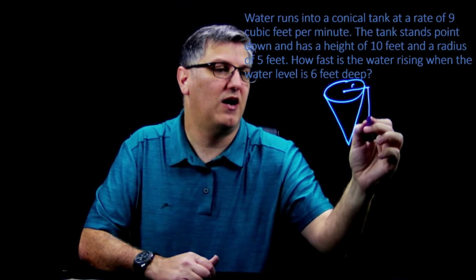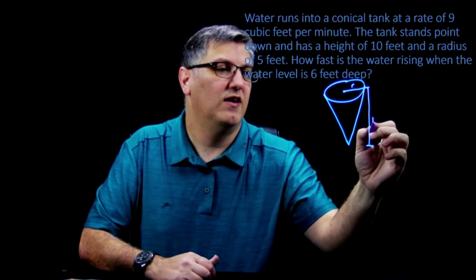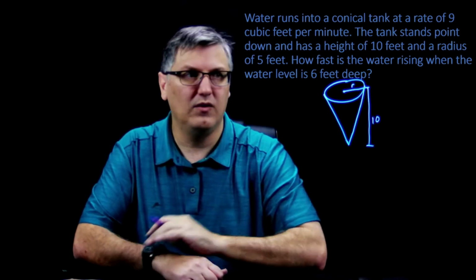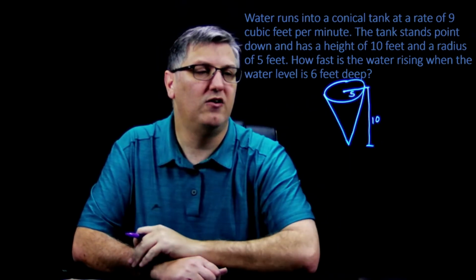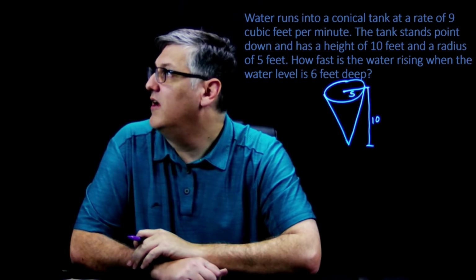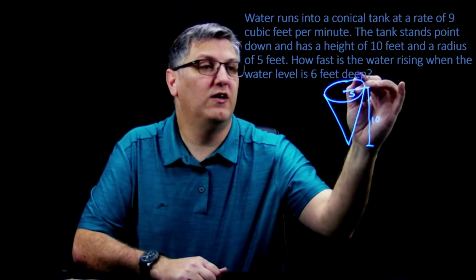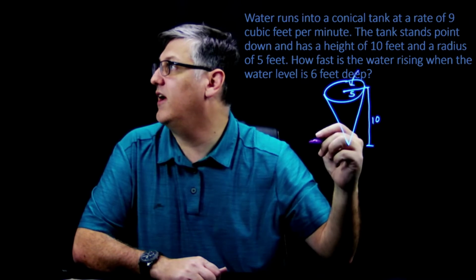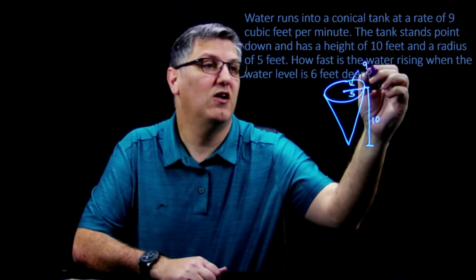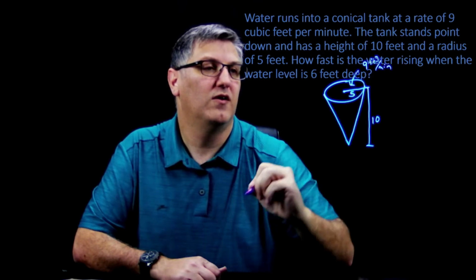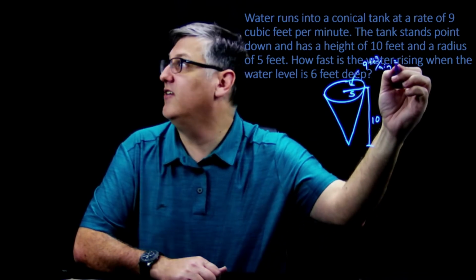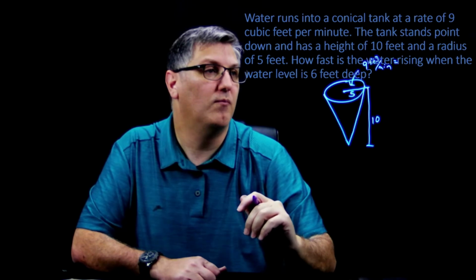I know my height here is 10. And we're pouring water into it at a rate of 9 cubic feet per minute. So this is actually a dV/dt, and I'm writing over the problem.